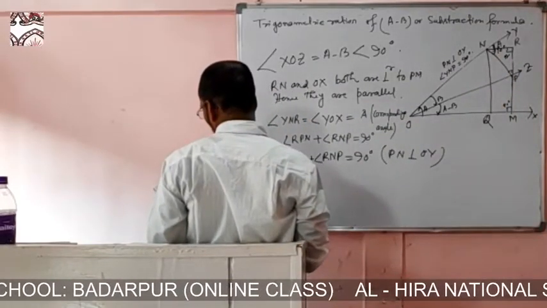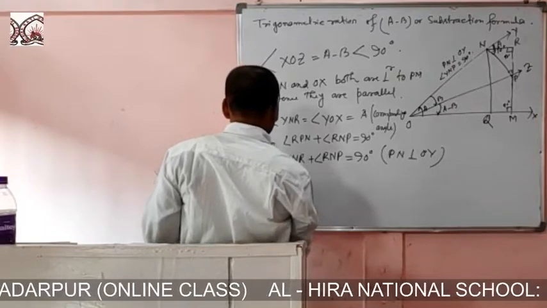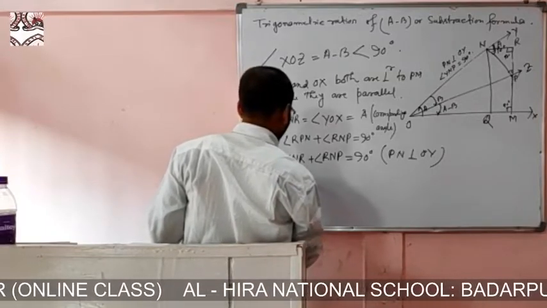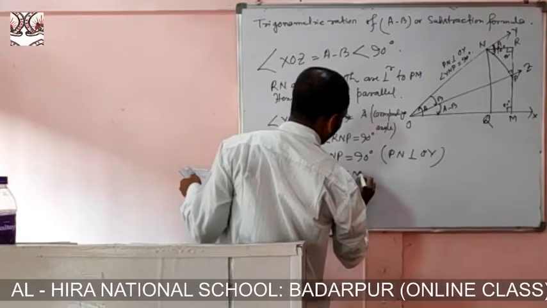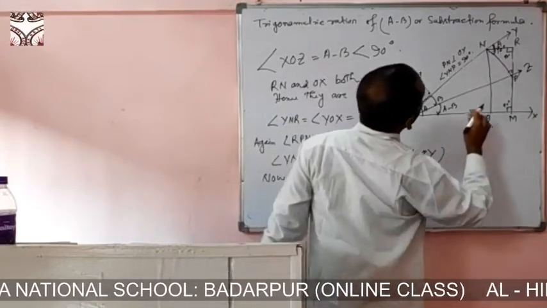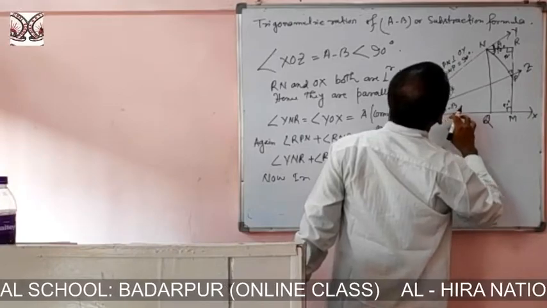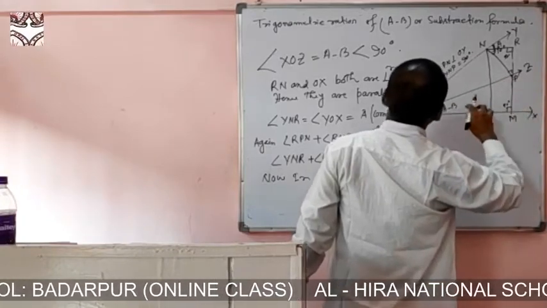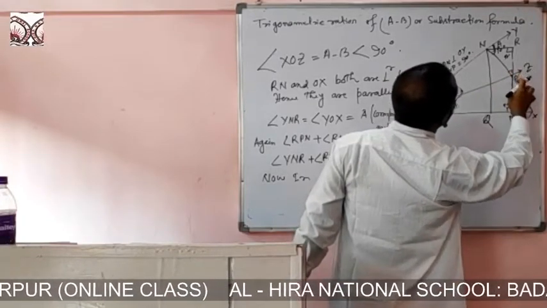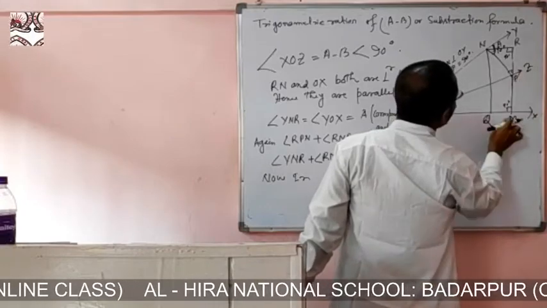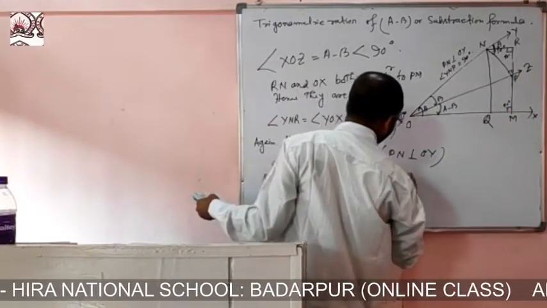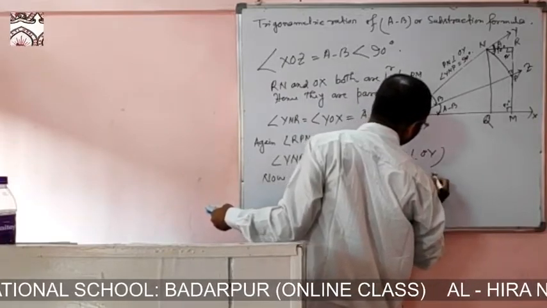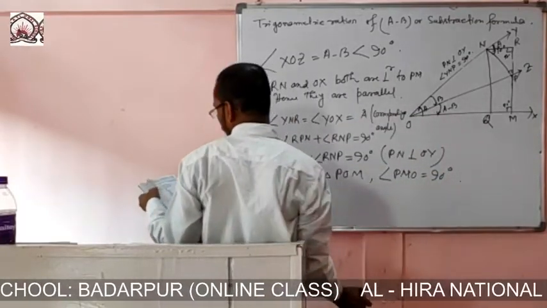Now in triangle POM, this angle PMO is equal to 90 degrees.